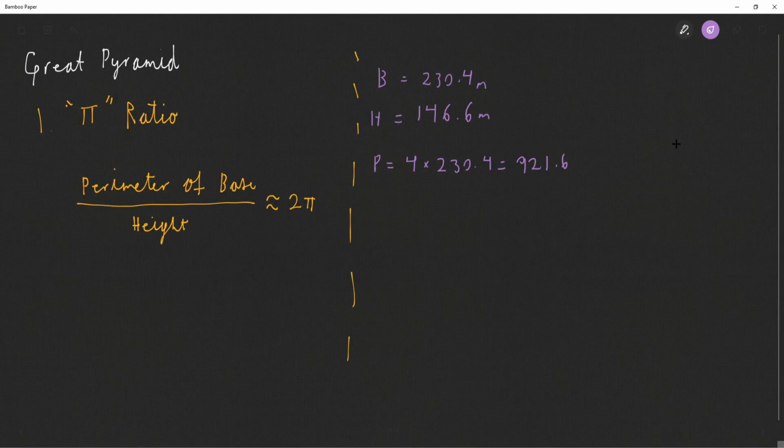Computing 921.6 divided by 146.6, we get approximately 6.29, while 2 pi is approximately 6.283. So the match is extremely close. But the question is, did the Egyptians intentionally encode pi? That is something we still don't know.